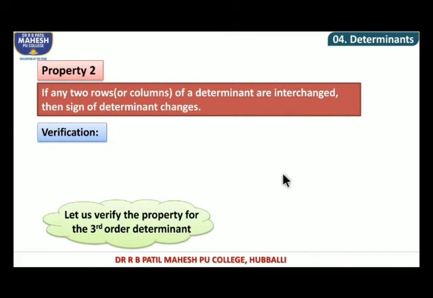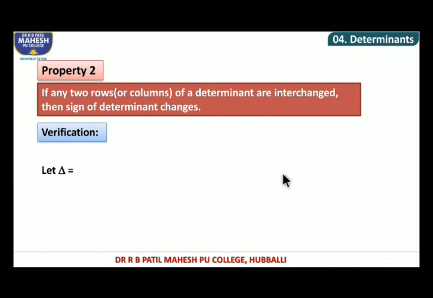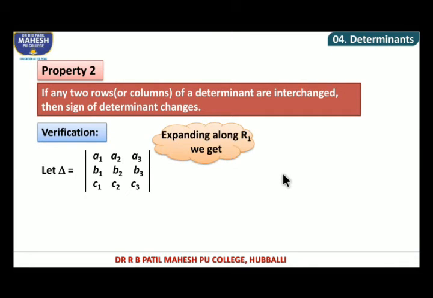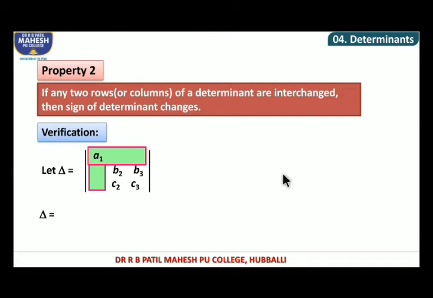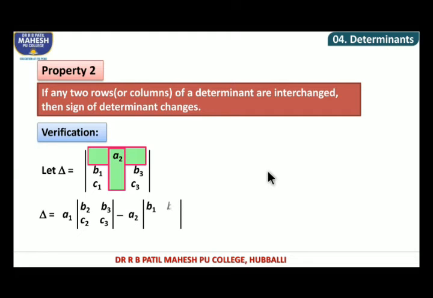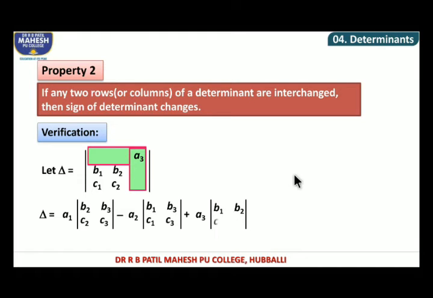Let us verify the property for the third order determinant. We have the determinant delta equal to A1, A2, A3, B1, B2, B3, C1, C2, C3. Now expanding along R1, we get delta is equal to A1 into the determinant B2, B3, C2, C3, minus A2 into the determinant B1, B3, C1, C3, plus A3 into the determinant B1, B2, C1, C2.